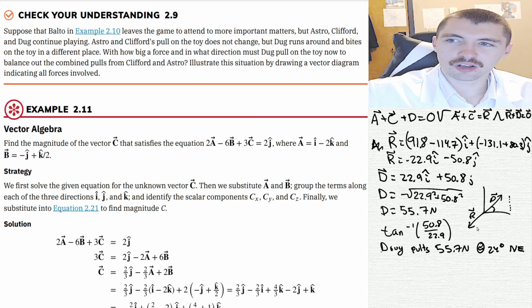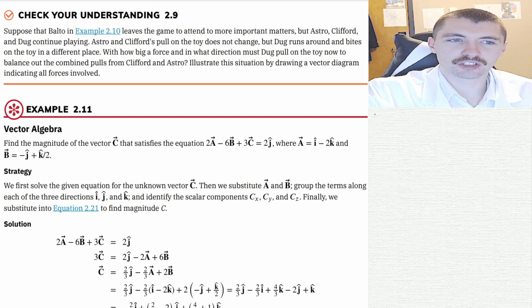Good exercise. Find the magnitude of vector C. So find C.